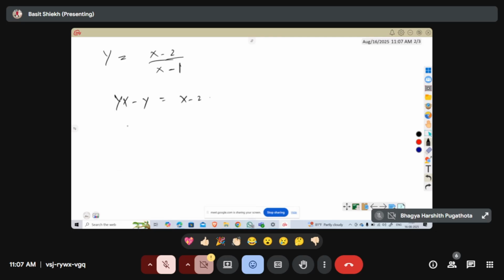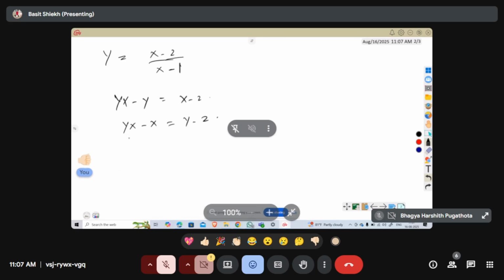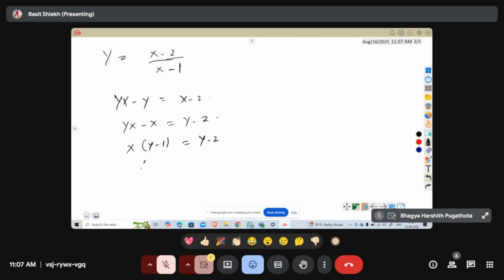Now shift this here: yx minus x equals y minus 2. If I am going fast, you can say, or you can type this here. Now I will take x common, then it will be y minus 1 here, and y minus 2 here. x equal to y minus 2 divided by y minus 1.